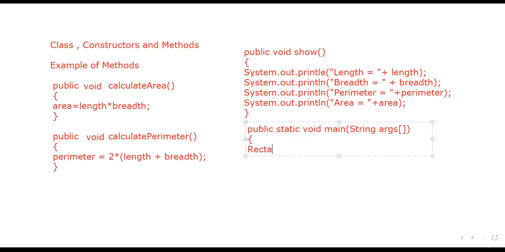Rectangle r1 is equals to new Rectangle, and here I'll give some initial values: length is 5, breadth is 3.